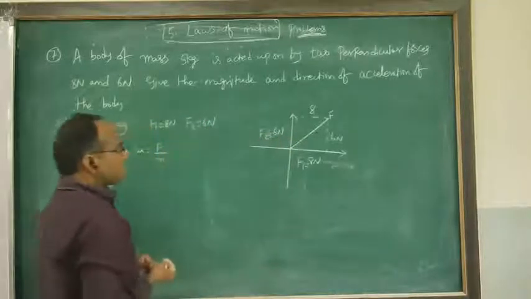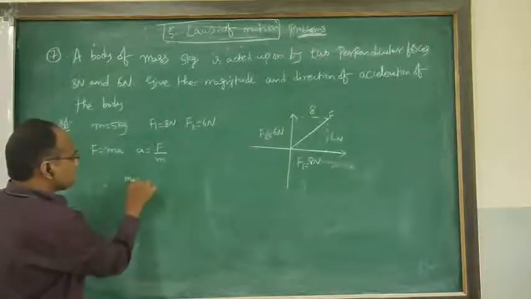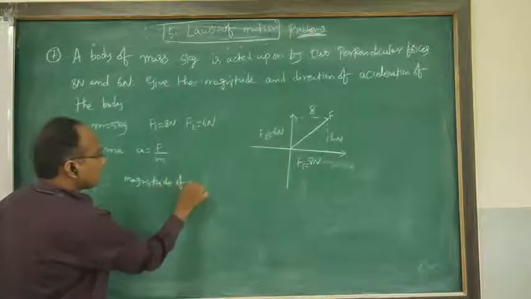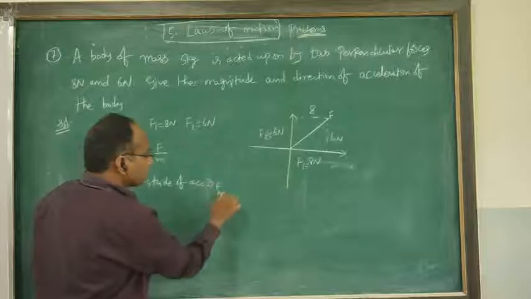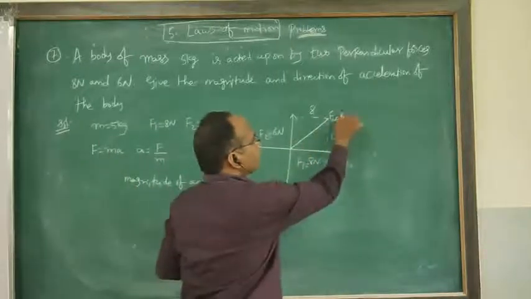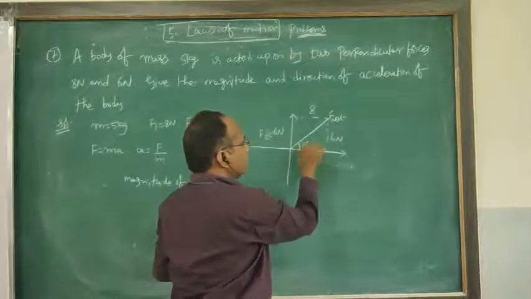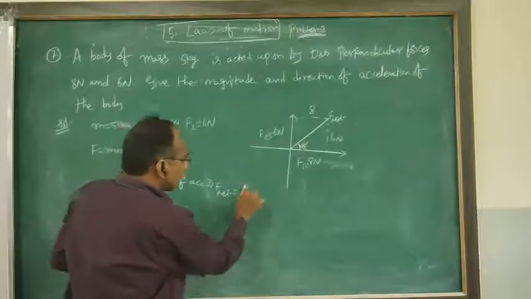So the magnitude of acceleration means the net force. This is the net force. You can write the angle as theta or alpha. F net is equal to what?